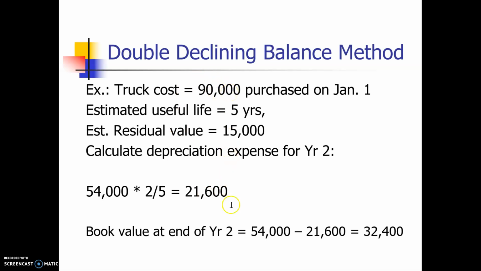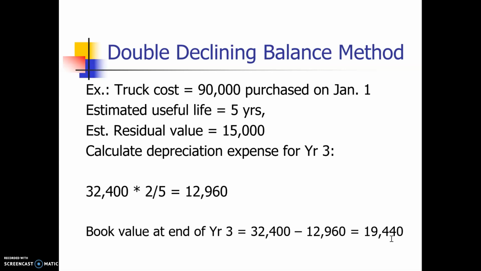Okay. Another way you can get book value is taking last period's book value and subtracting this period's depreciation expense. So now our book value is down to 32,400. So in year 3, we're going to go 32,400 times 2 divided by 5.